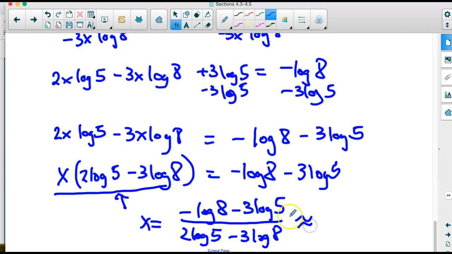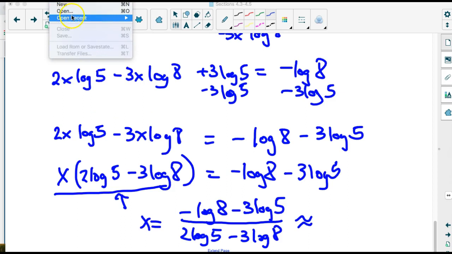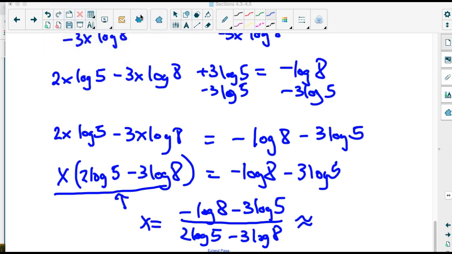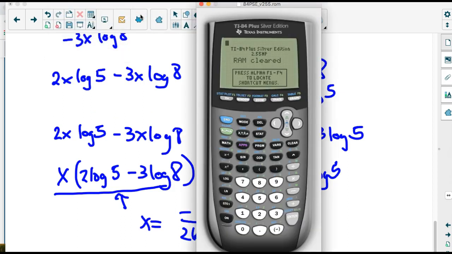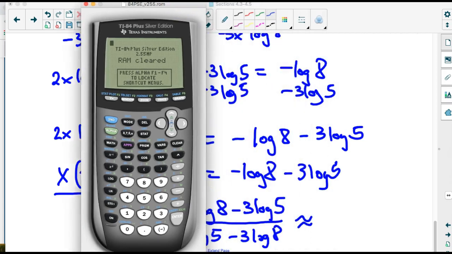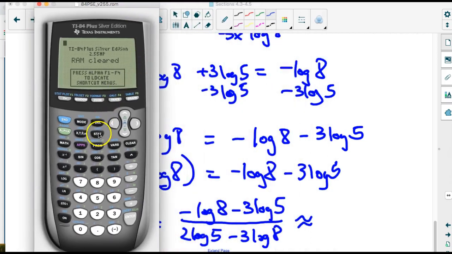Alright, now working that into the calculator is going to be a little bit of a task. So let's see if I can do this. We're going to have a calculator here. We're going to type this in and see if we can get an answer. Now, since this is a long bar here, we need to put parentheses around the top and the bottom of the thing.